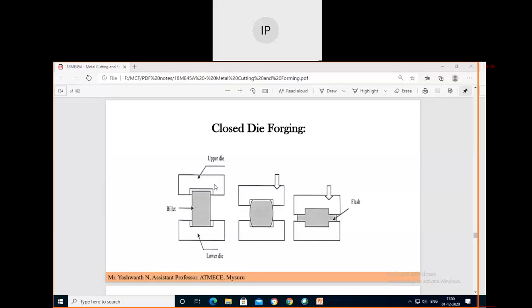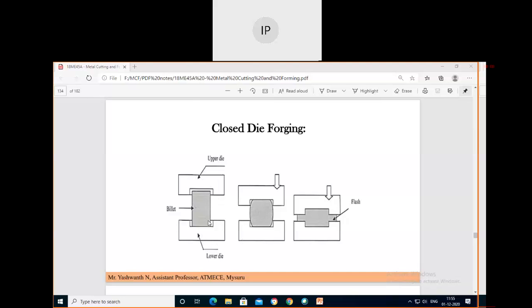In closed die forging, the workpiece is deformed between two dies, which carry the impressions of the required size and shape, the impression of the desired shape of the product. The top die is attached to some reciprocating machines or rams, while the bottom die is attached to the anvil or press bed of the machine.